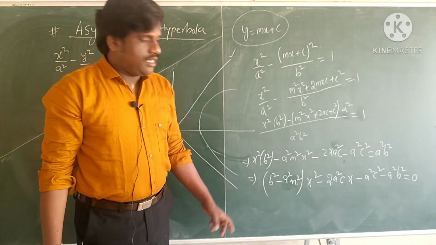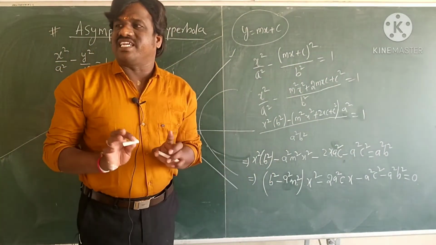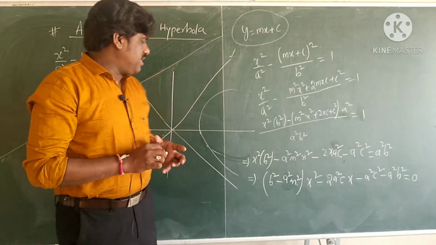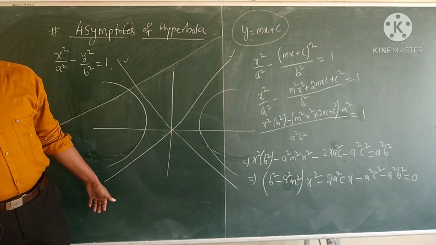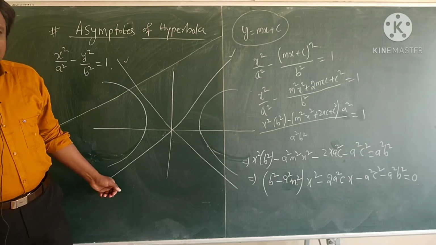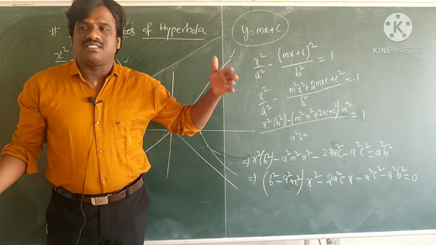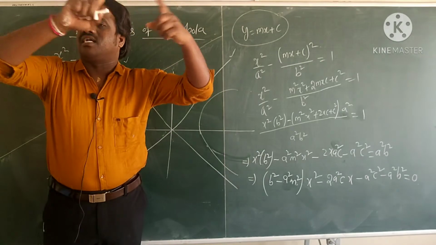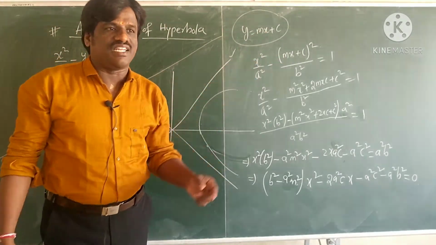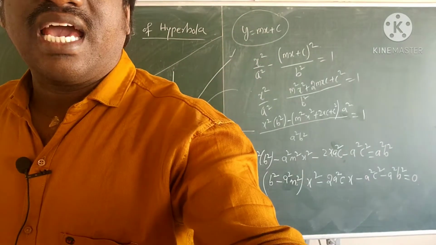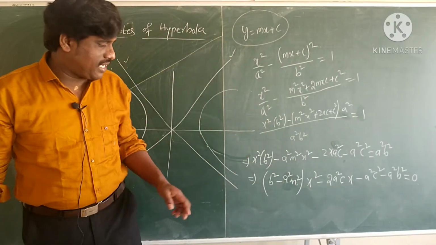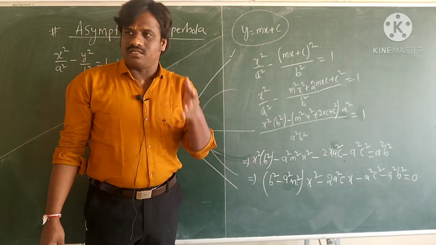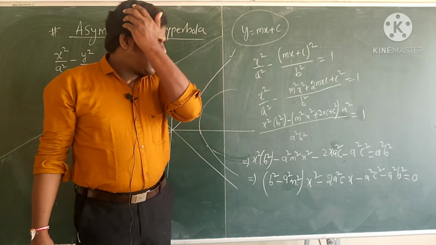Okay. So this is quadratic in x. What is the meaning of this one? When these lines are touching at infinity, both roots are infinity, which means that the lines and the hyperbola have infinite solutions. In quadratic equations, last year I explained, even this year you can see it on YouTube.